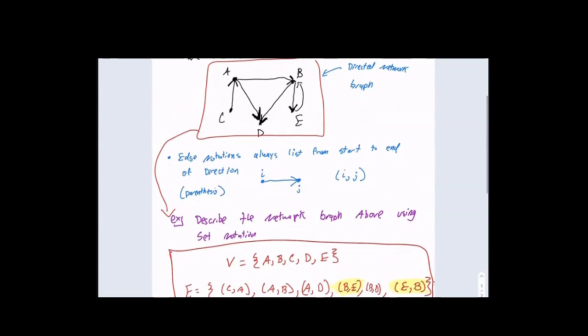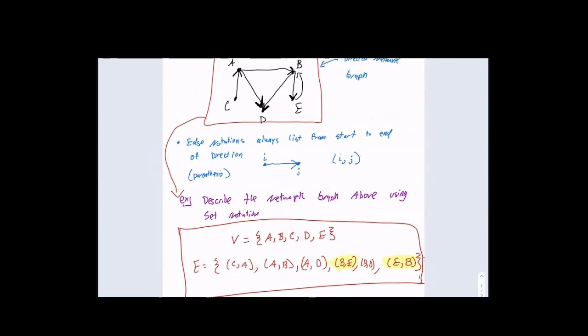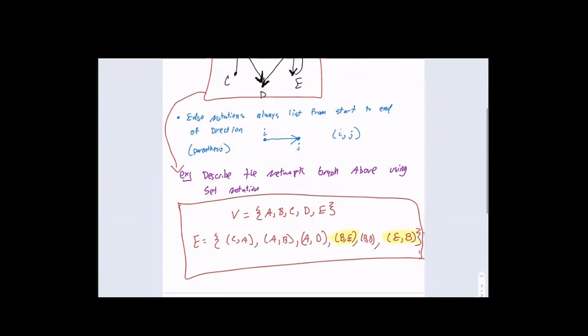But we can also count 1, 2, 3, 4, 5, 6. There's 6 flows, as we call them sometimes. And so we must have 6 as well. Listing all of them from the start to the end direction. Let's try another one.